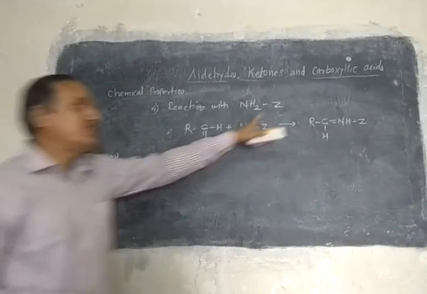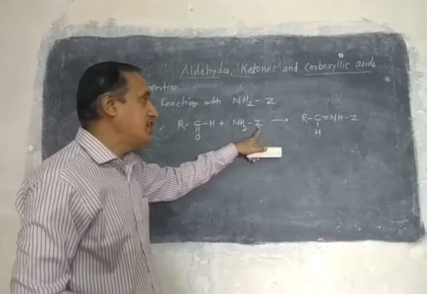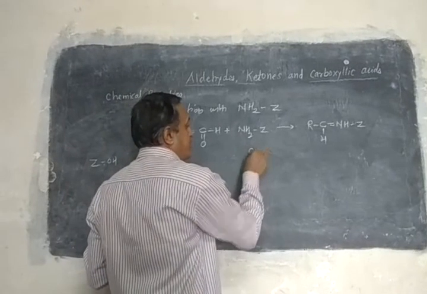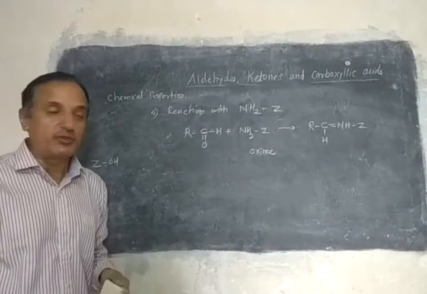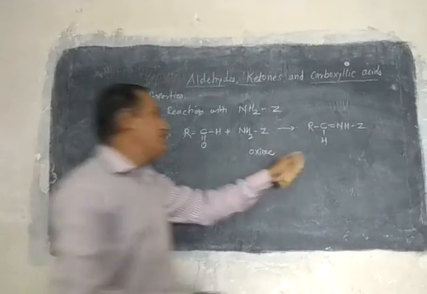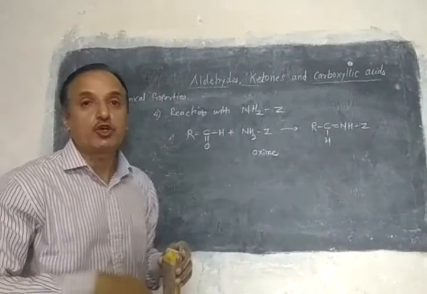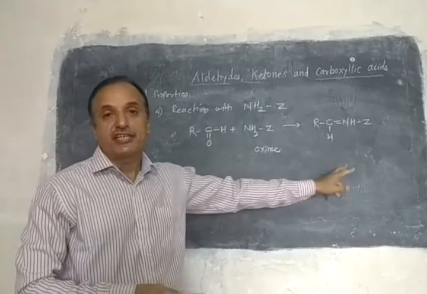What will you get? NH2OH, which is called hydroxylamine. The product is an oxime. For acetaldehyde, we get acetaldoxime. If a ketone is there, we get a ketoxime.